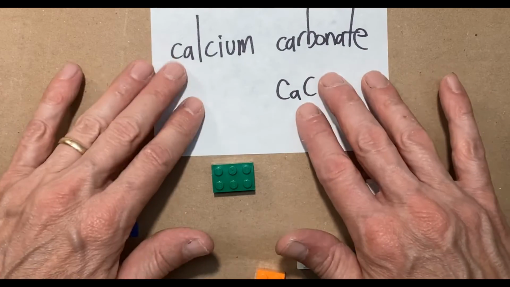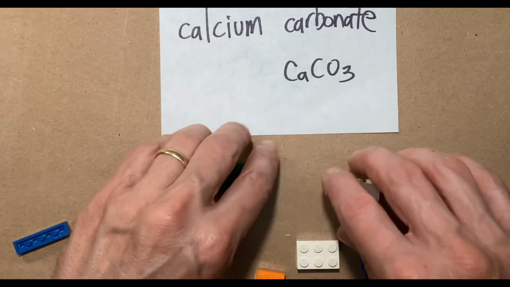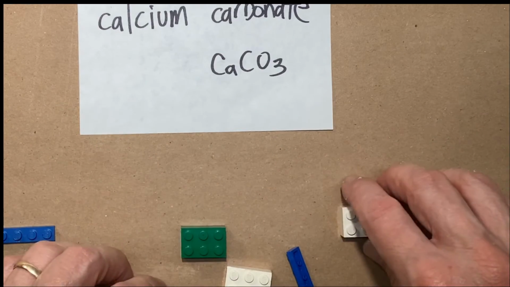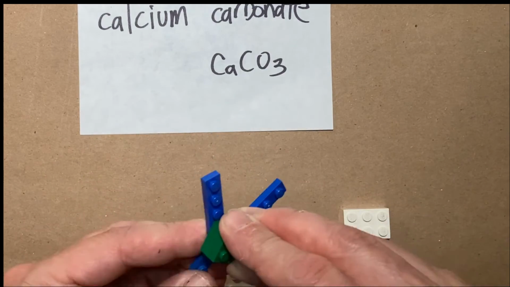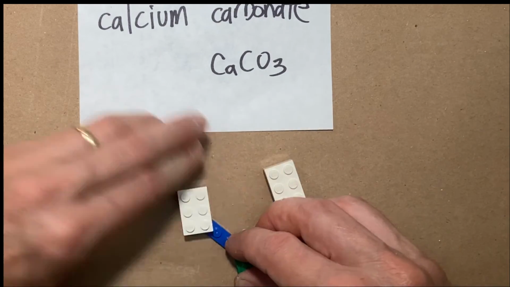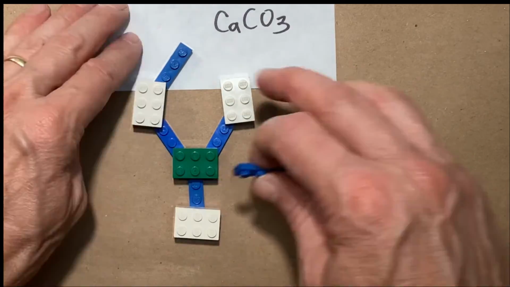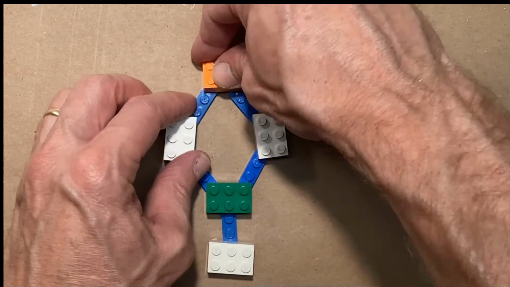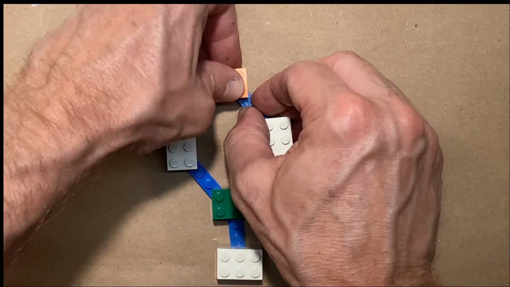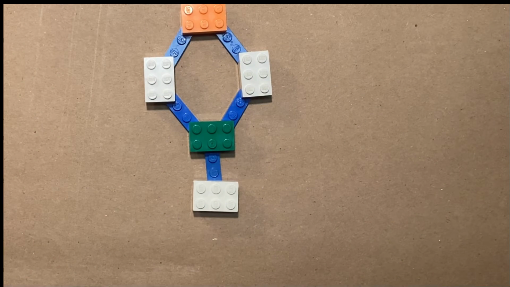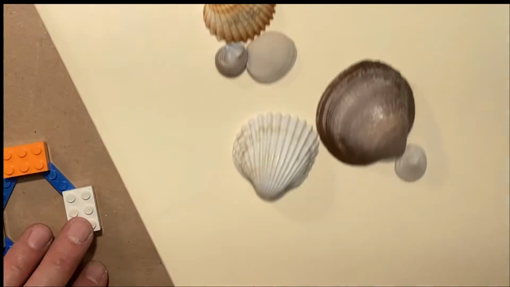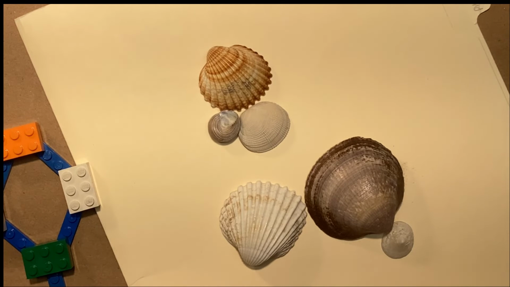This is what the structure looks like. We have the carbon in the middle. We bond oxygen there, oxygen there, oxygen there, and the calcium like that. That represents calcium carbonate, which is what makes up most shells.